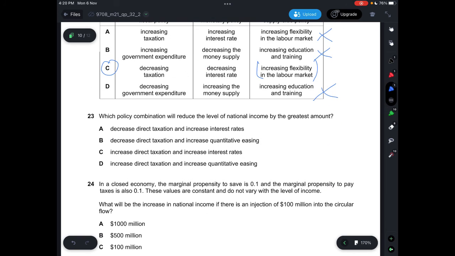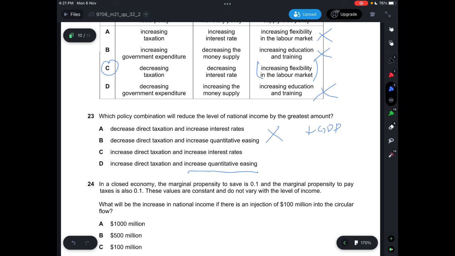Question 23. Which policy combination will reduce the level of national income by the greatest amount? So reduce your GDP. In order to reduce GDP, you need to increase direct taxation, so A, B is wrong. But then quantitative easing would actually result in your GDP increasing. So if you compare it with interest rates, you might as well increase interest rate in order to decrease your level of national income.